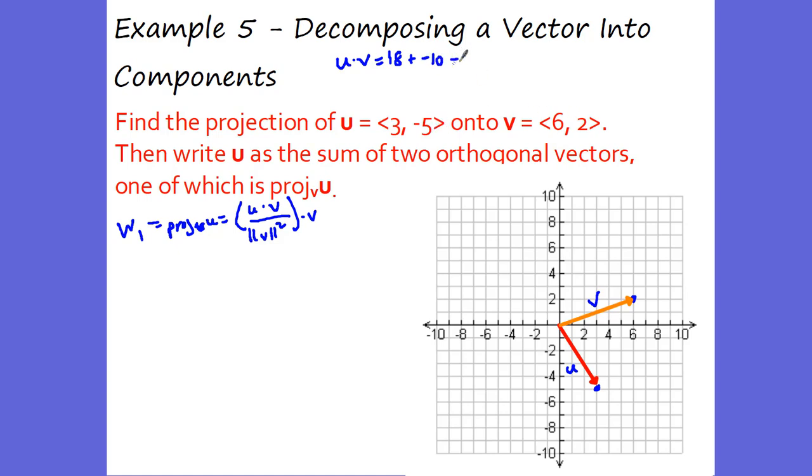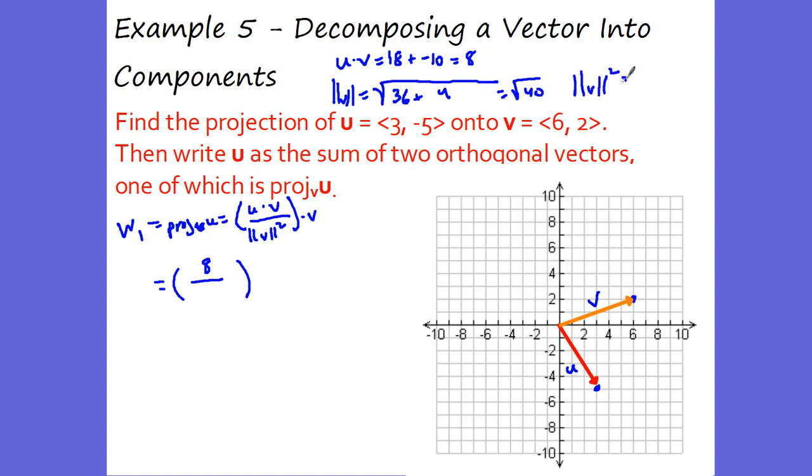That ends up becoming 8. So w1 is equal to 8 on my numerator. What's the magnitude of v? It is equal to the square root of 6 squared, that's 36, plus 2 squared, that's 4. That ends up being root 40, which means the magnitude of v squared ends up becoming just 40. So we're going to have 40 right there.